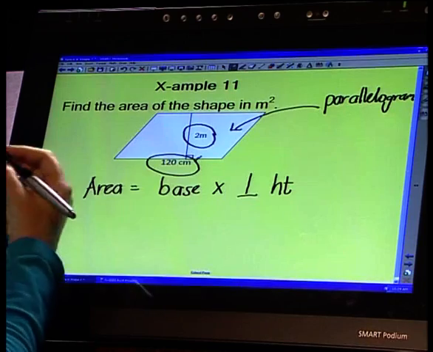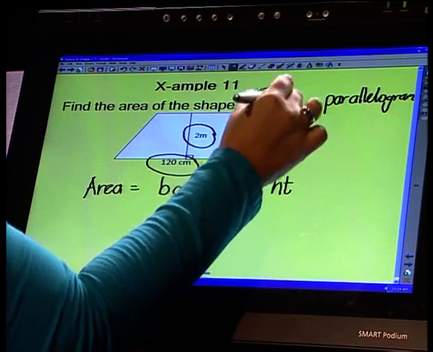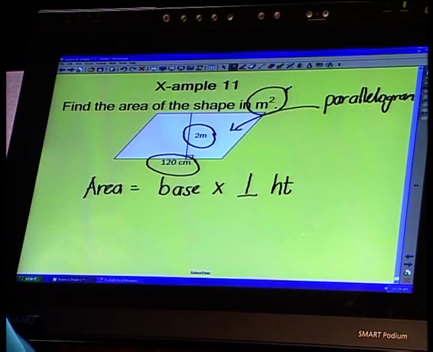The problem is that they have got different units of measurement. Please note that in area and volume and perimeter, you cannot deal with different units of measurement. You need to make sure that they are uniform. So because they've asked us to have our answer in meters squared, the most sensible way of doing this is to actually change my units to be meters.